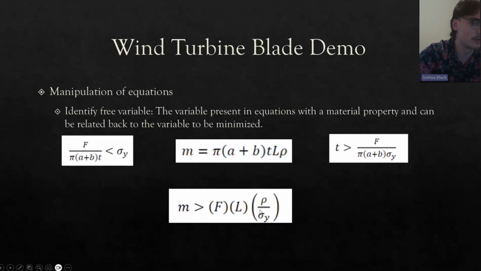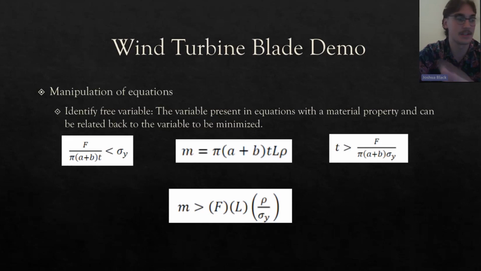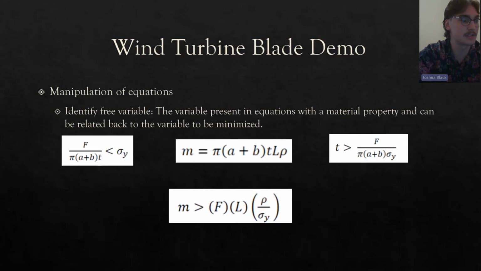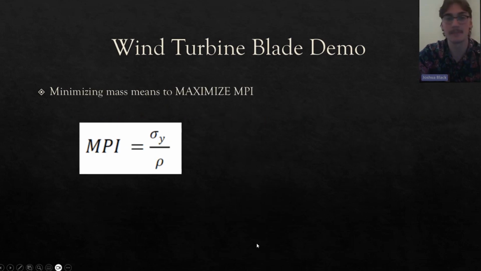In order to find the material that has the minimum mass, we will have to maximize what we call the MPI ratio. And as mentioned previously, our MPI ratio is the inverse of the ratio that minimizes mass. So we want to maximize this MPI ratio here, our yield strength divided by density. Maximizing this would minimize our mass.